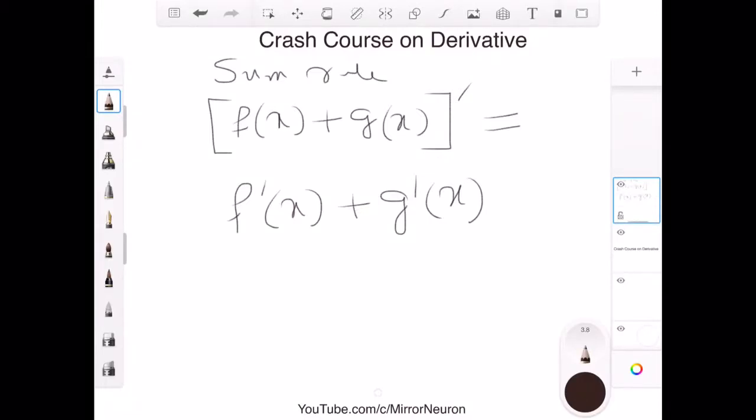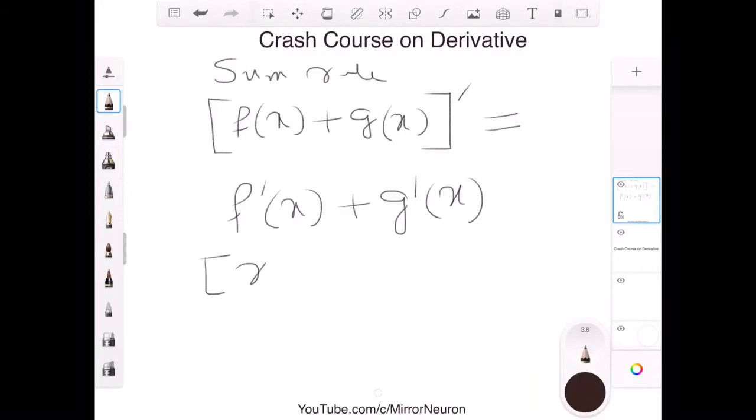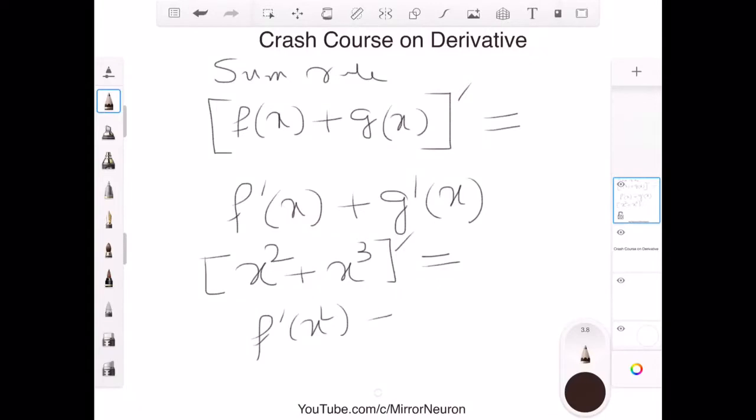Suppose I have two functions, x square and x cube. If I have to take the derivative of the sum of these two functions, then I can individually take the derivative of the first one, x square, plus x cube.